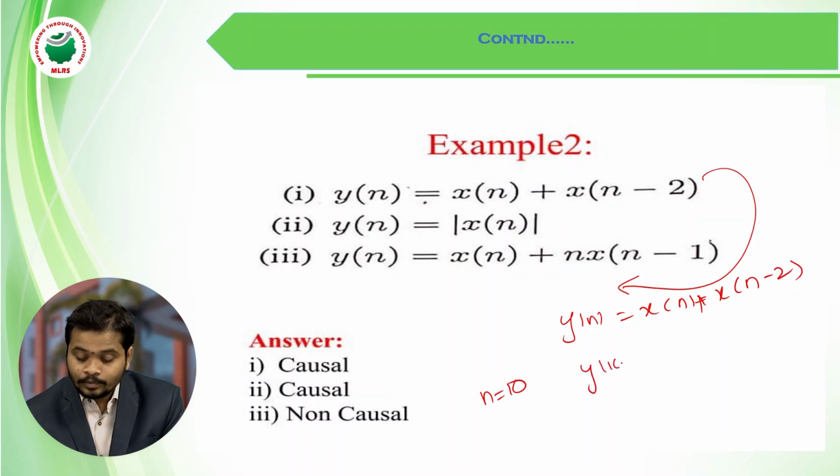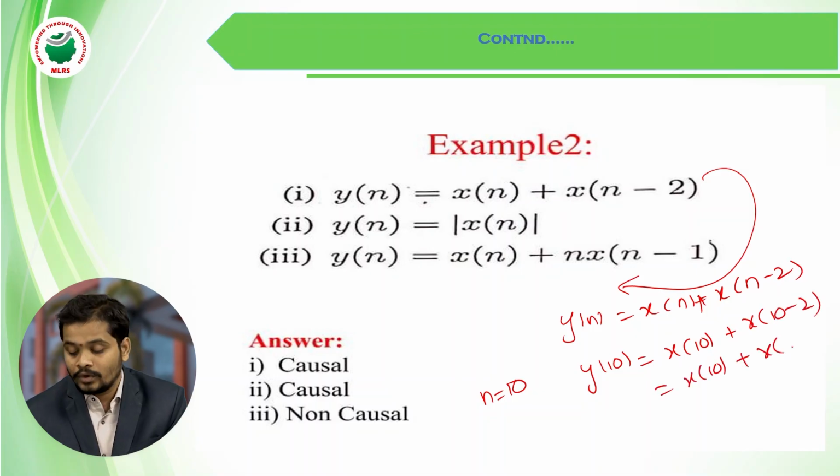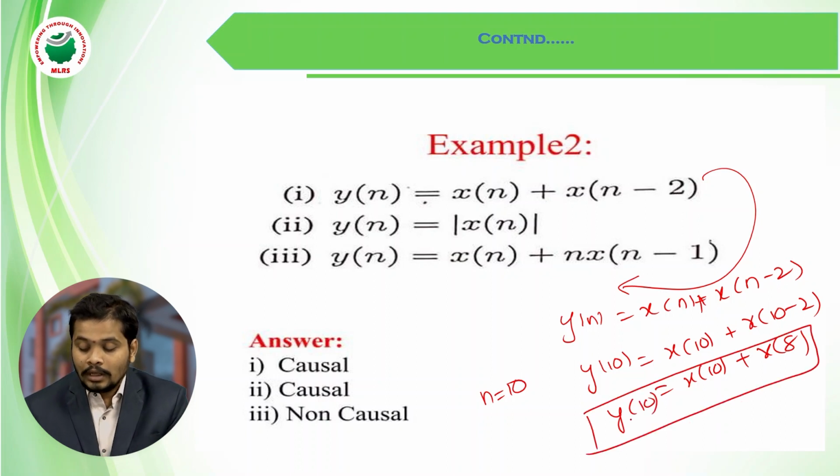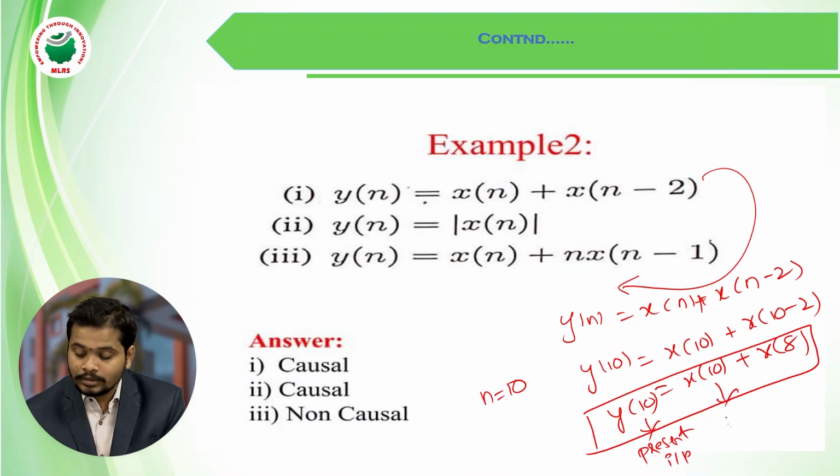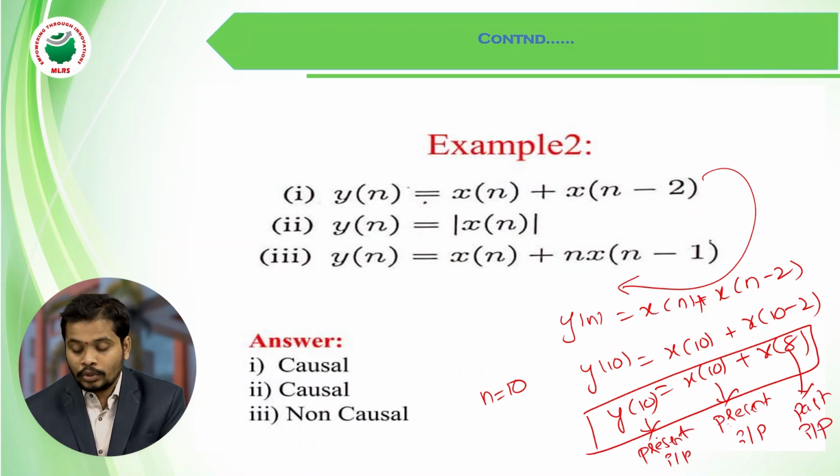So y of 10 equals x of 10 plus x of 10 minus 2, that is, x of 10 plus x of 8. This x of 10 is the present input, and this x of 8 is the past input. So the system output depends upon the present input and also the past input.